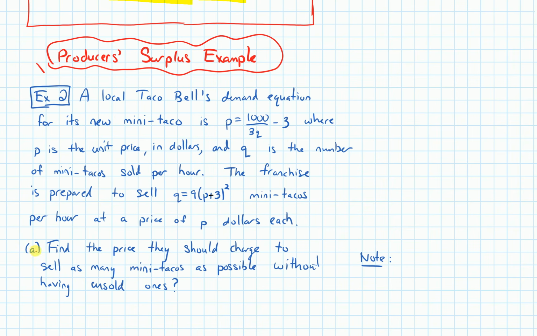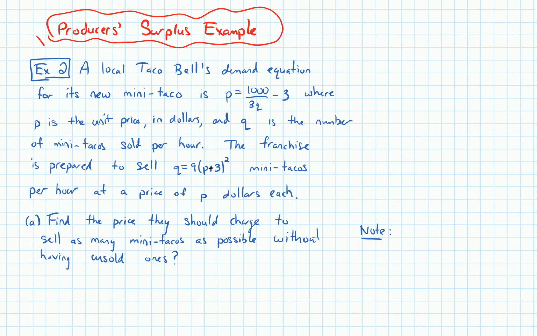All right, part A asks, find the price they should charge to sell as many mini tacos as possible without having unsold ones. So this is actually a review question in some sense from Math 30.